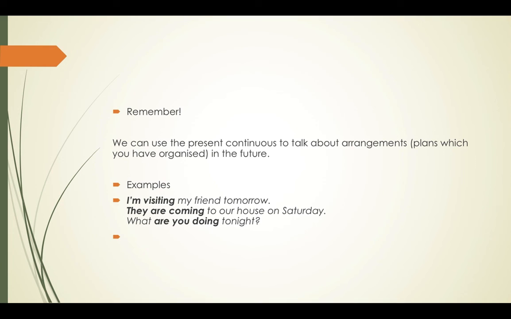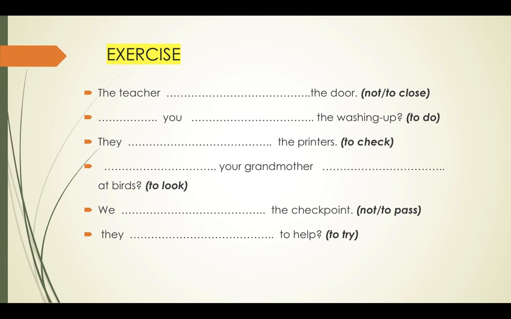Try to remember the present continuous. For example, I'm visiting my friend tomorrow. They are coming to our house on Saturday. And what are you doing tonight? We already did present continuous many times, and you know it's so easy. You need the verb to be, am or is or are, plus the verb plus the ing form. And here we have an exercise.